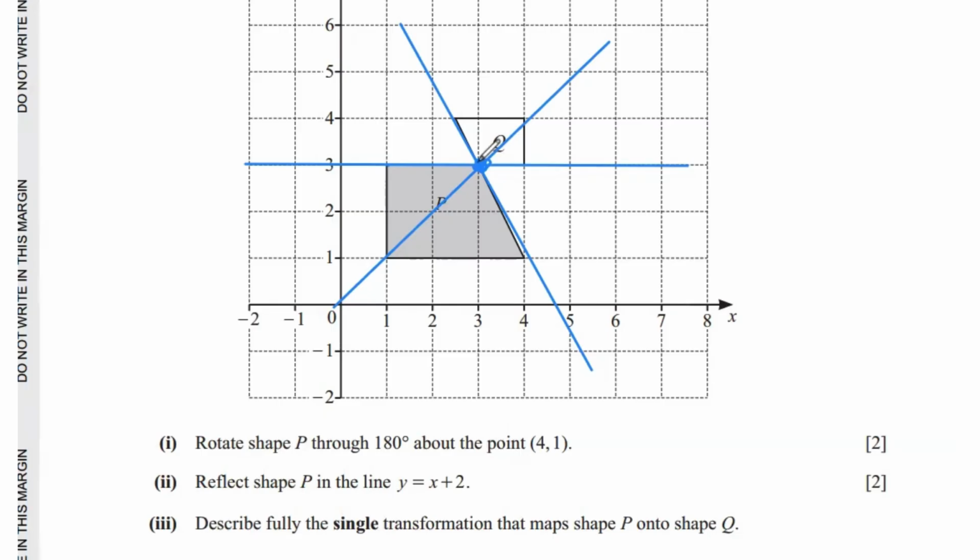So the scale factor, once again, is negative 1/2 because the direction of the shape has changed. It's not the same direction as the original shape. And the center of enlargement is (3, 3) because once we drew all the lines passing through the corresponding points on both the shapes, all of the lines were intersecting at (3, 3).